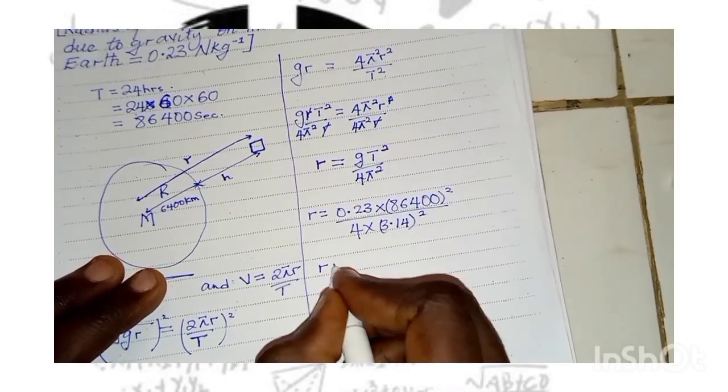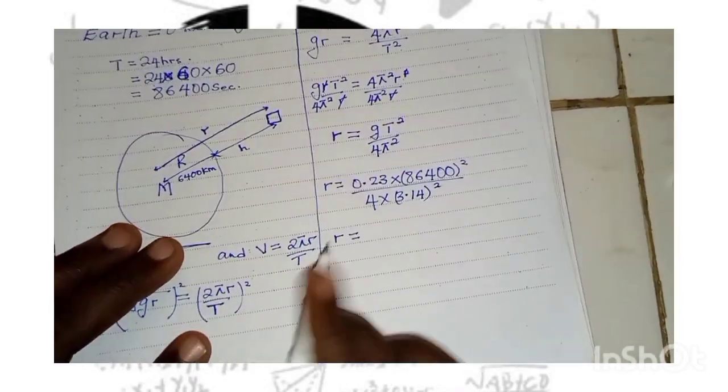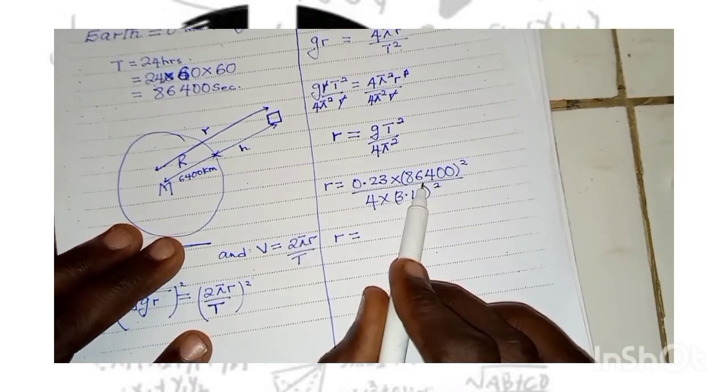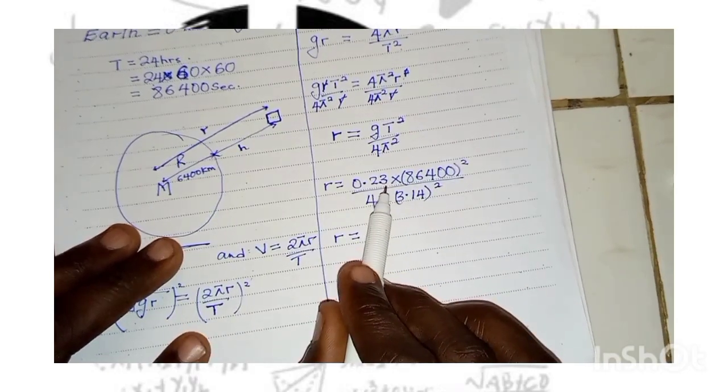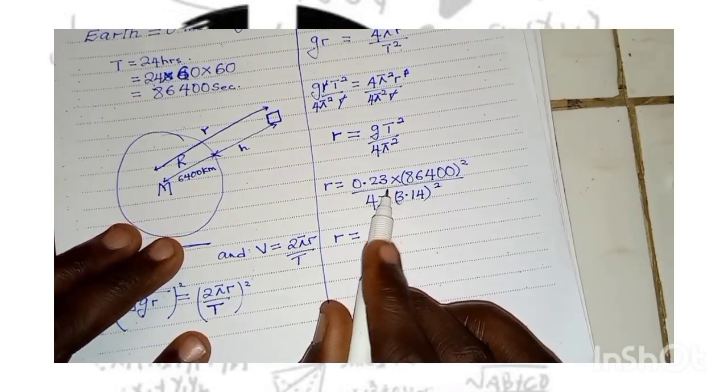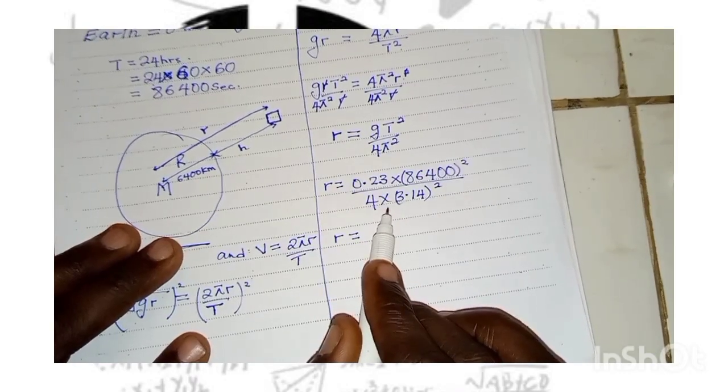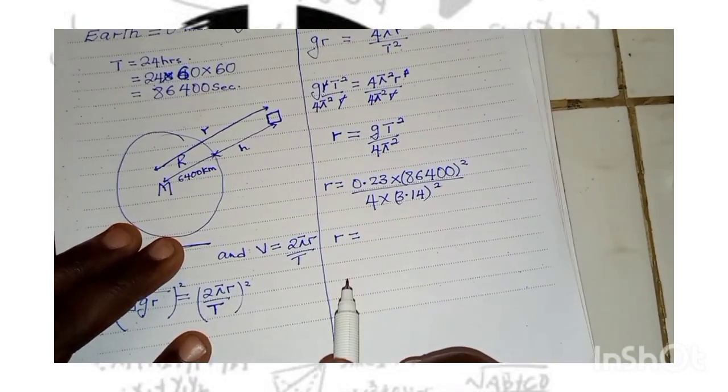So the numerator is 0.23 times 86400 squared.